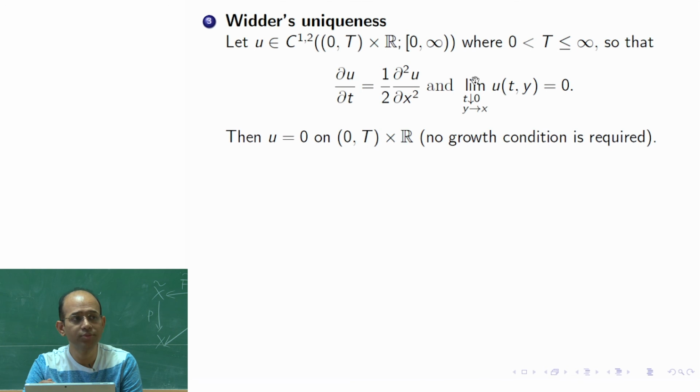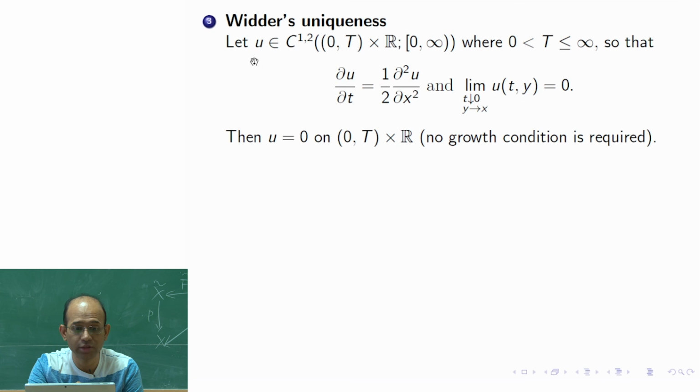Remember that in Tikhonov's theorem we had another uniqueness theorem with a similar conclusion, but there we had to assume that u satisfies a certain growth condition, correct? That |u(t, x)| is less than or equal to e^{ax²} for some positive a. So here we don't need such a condition.